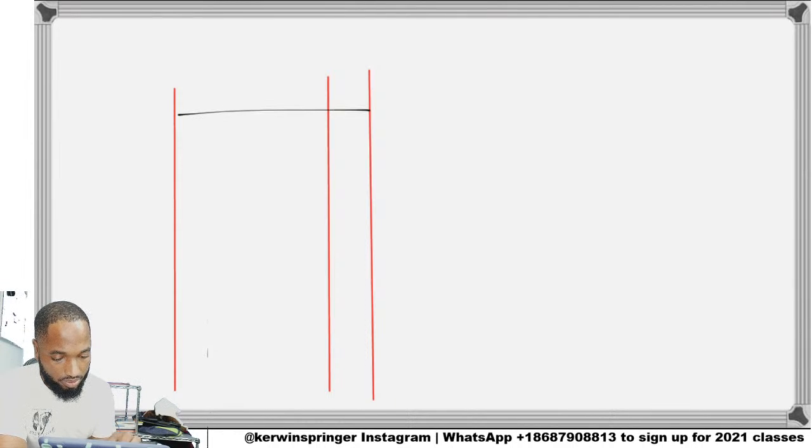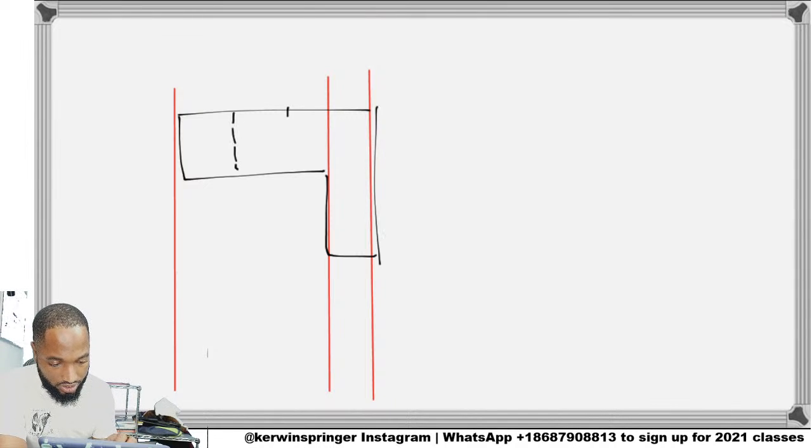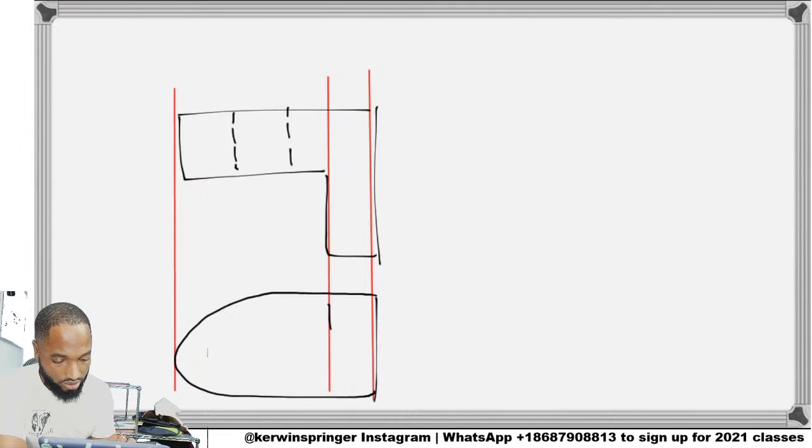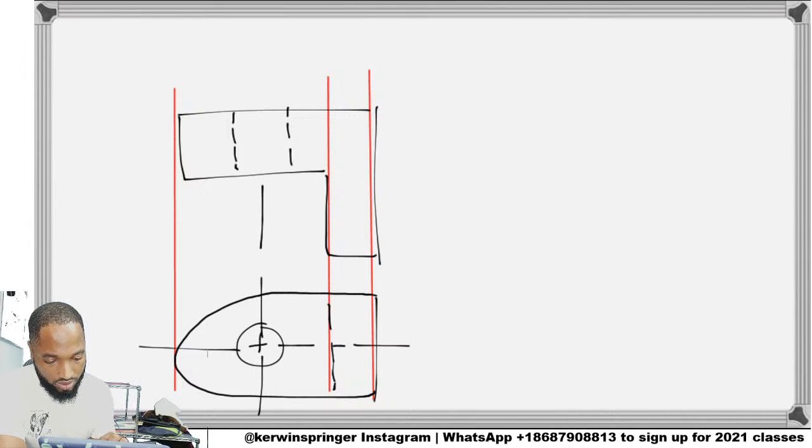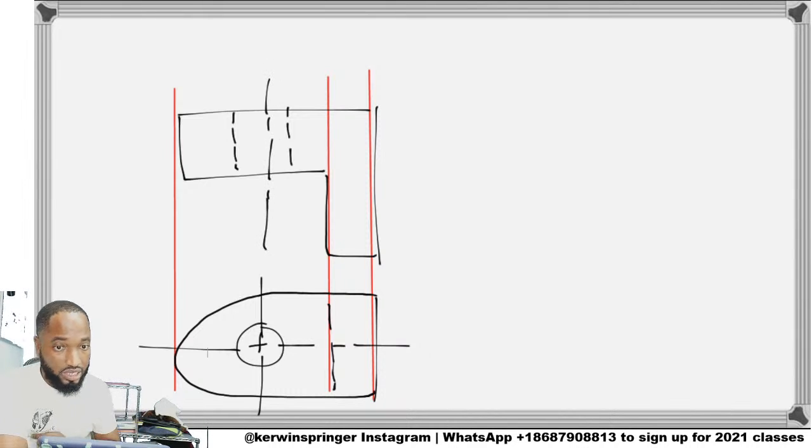So dotted. Do you all know the shape? I feel like your teacher would have given you a shape as well. And then dotted circle. Center line going up there.